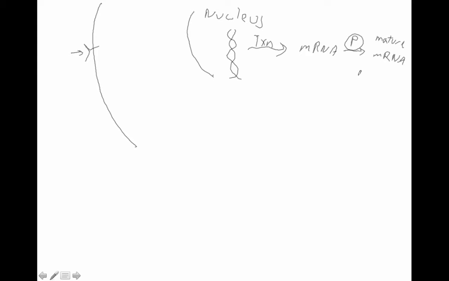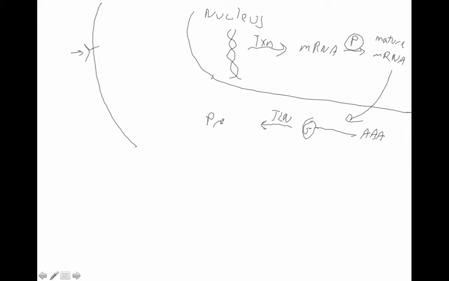And then this mature messenger RNA, remember with the G cap on it, the spliced out introns and the poly A tail, now will leave the friendly confines of the nucleus and go into the cytoplasm. And let's draw this out with our G cap, the message itself with the poly A tail. Then this gets translated, translation or abbreviation, and we get our protein.